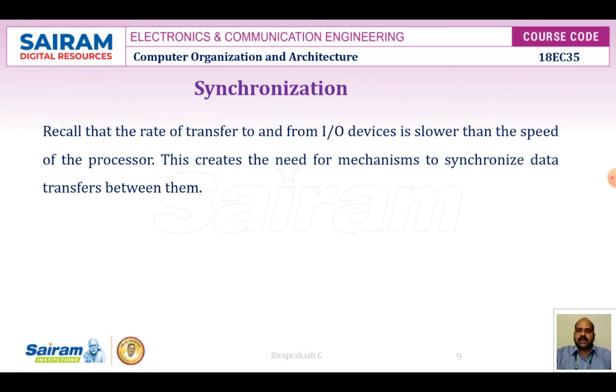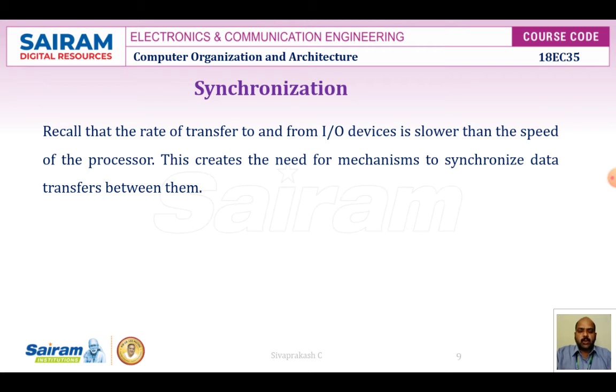What is synchronization? Recall that the rate of transfer to or from an IO device is lower than the speed of the processor. This creates the need for a mechanism to synchronize the data between them, because the processor runs at a different speed and the input device may be at a different data rate. If both are at different data rates, the execution may not get processed in time and the outcome may be delayed.